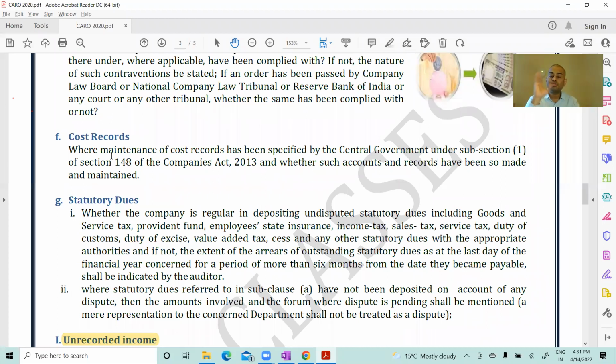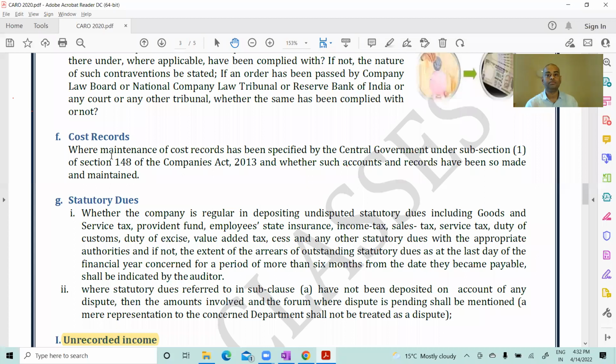Cost records, section 148. If the central government has ordered by order, the central government will never request you. What is this? Are we studying the company's auditor's report request? No, the company's auditor's report order, a government order. It cannot be a government request.